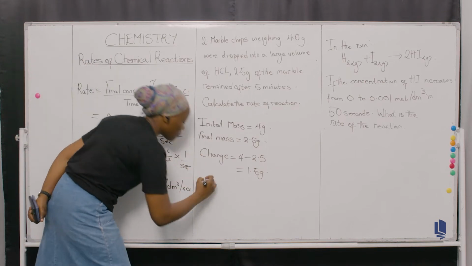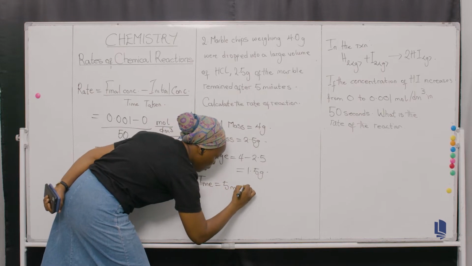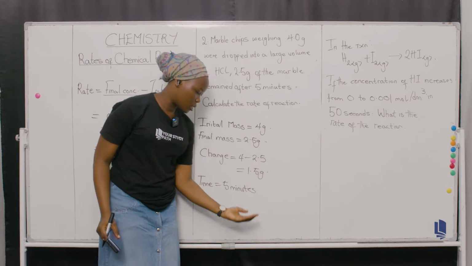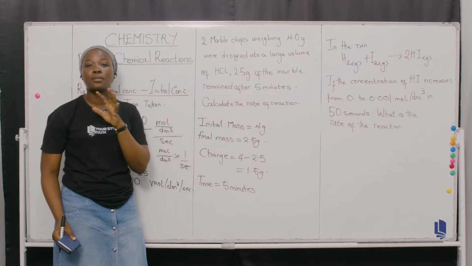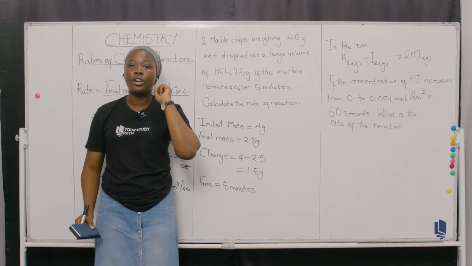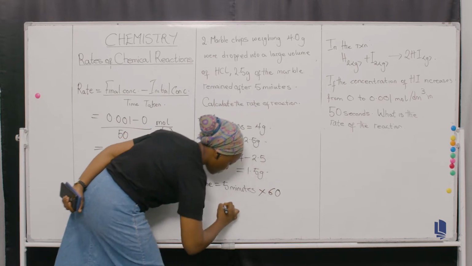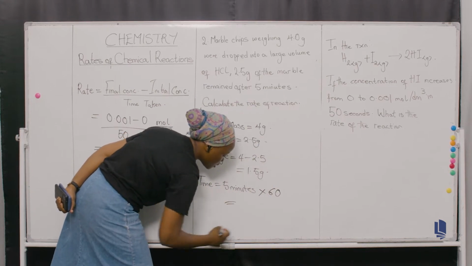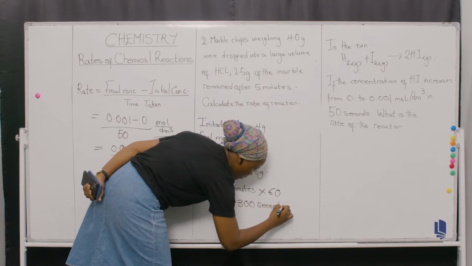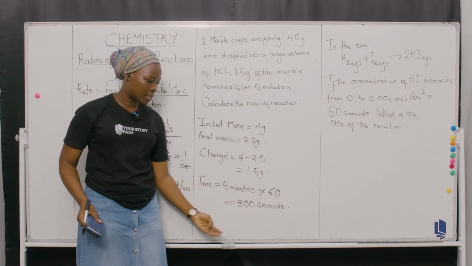We're also given time to be 5 minutes. We all know that we cannot do the calculation with minutes because this is not the standard unit. Rather, we have to convert minutes to seconds, and we know that 60 seconds make 1 minute. So we multiply this by 60. And so 5 times 60 would be 300 seconds.